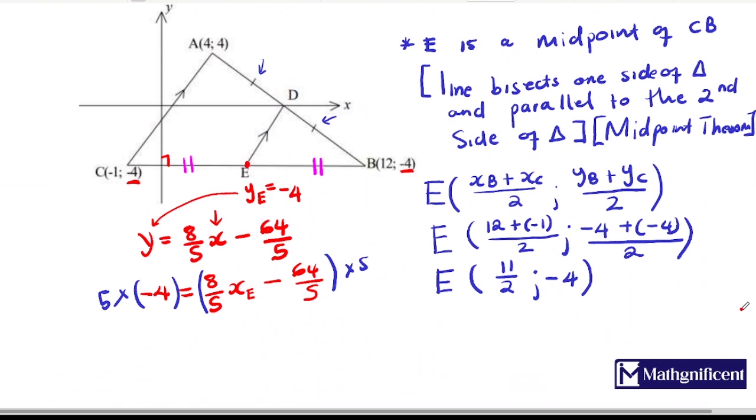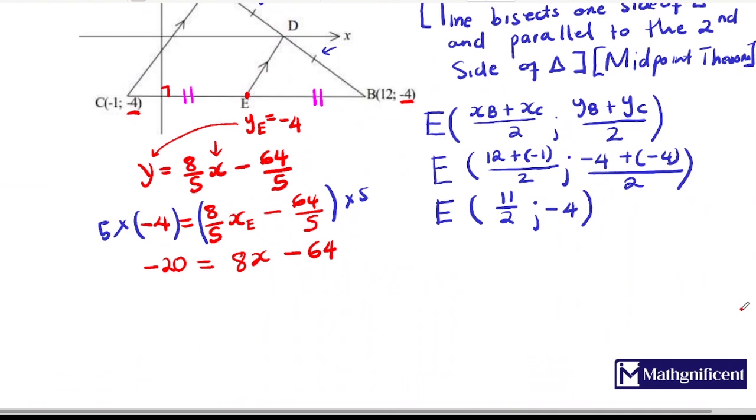So on the left hand side, 5 times negative 4 is going to give us negative 20. While on the right hand side, when we multiply the first part, 8 over 5 times x, by 5, we are going to get 8x. And then we multiply this 64 over 5 by 5. The 5 and the other 5 are going to cancel, so that we are going to have negative 64, right?